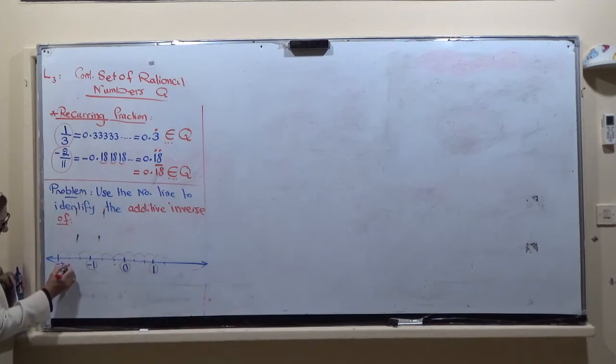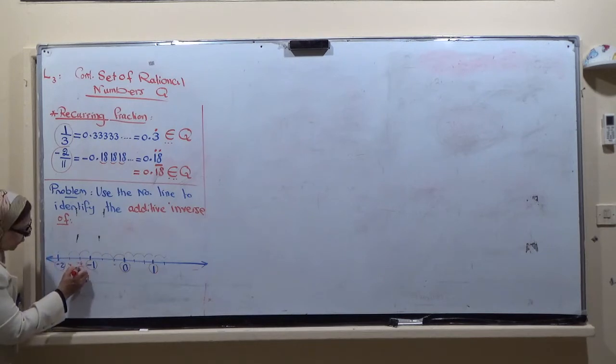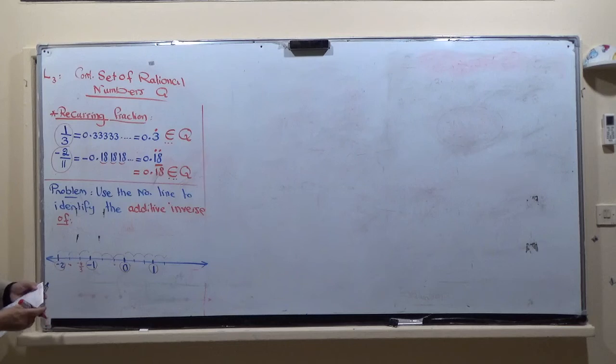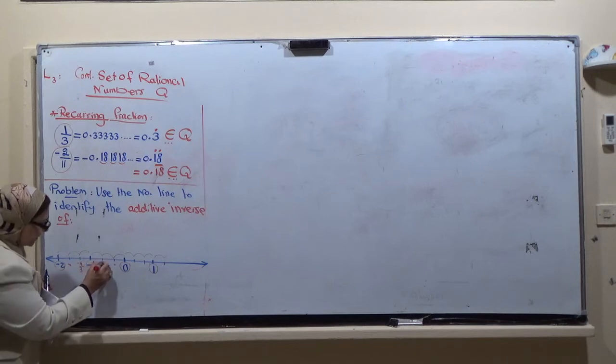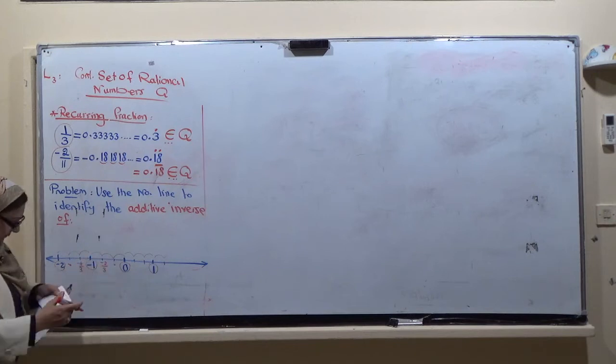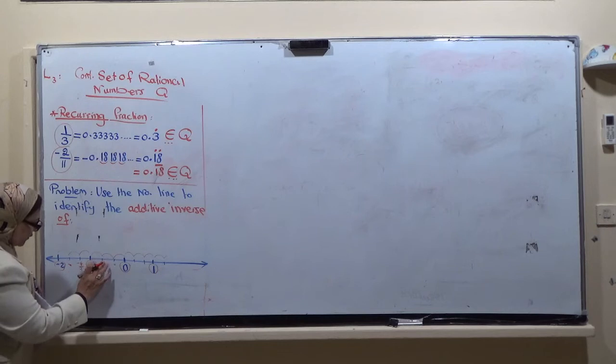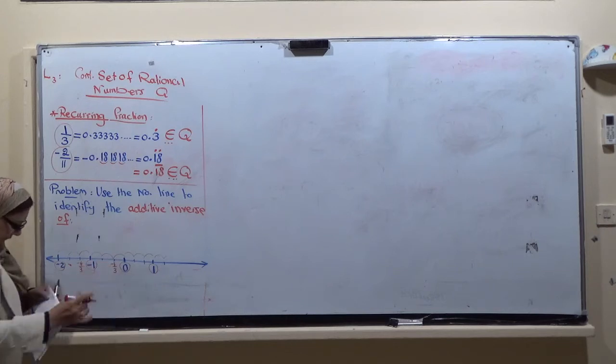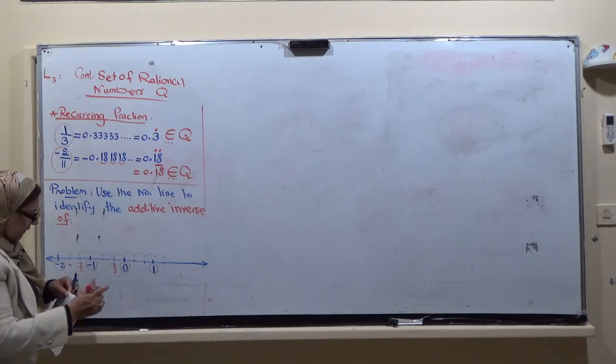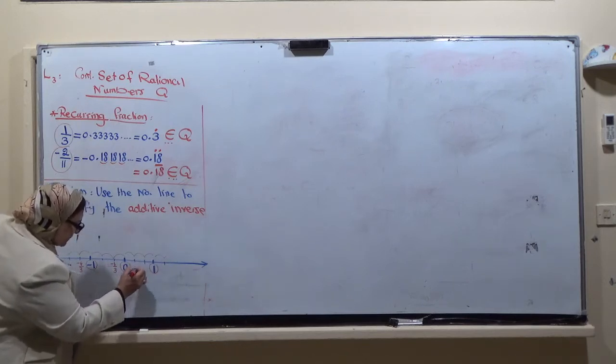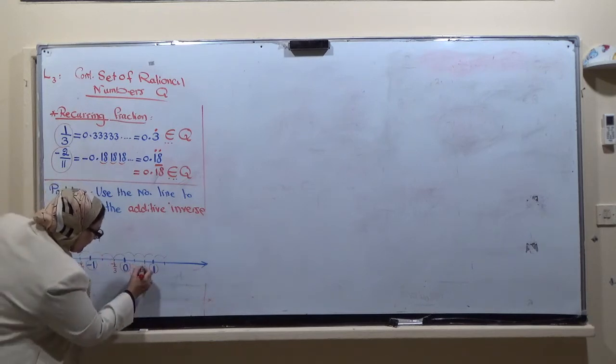We have here a space. This is -4 over 3. This is -2 over 3. This is 1 over 3 with a negative. This is 2 over 3.